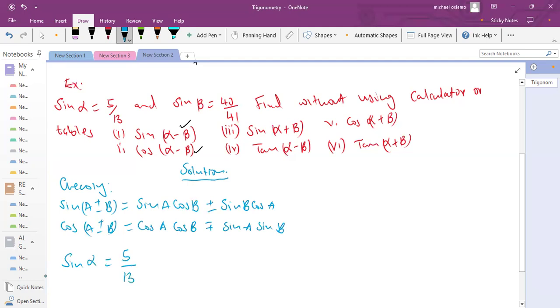We know that sine is equal to opposite over hypotenuse.